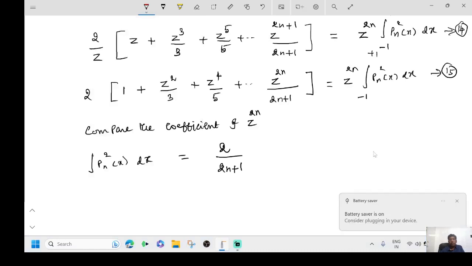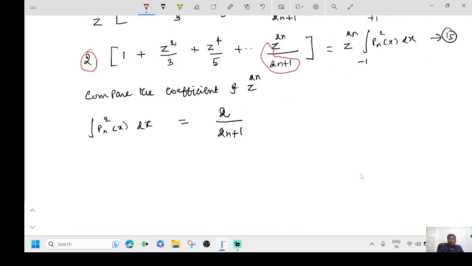Here the coefficient of z power 2n is Pn square of x into dx. So this is actually Pn star of x into Pn of x into dx, which is equal to 2 divided by 2n plus 1.